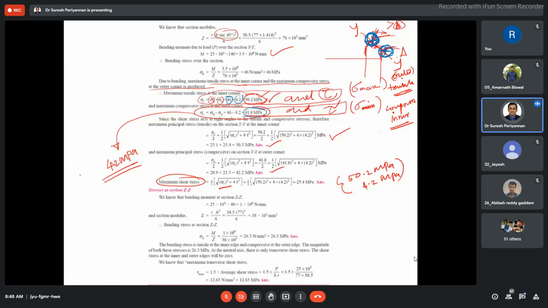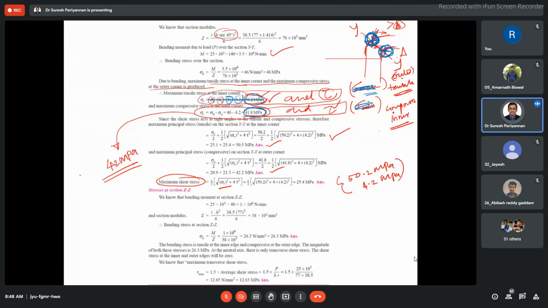Now, once we have found the outer region and the inner region, there are two stress components. Here I slightly confused myself, please avoid that. This is not a sigma max. We would like to find the stress at this inner region with respect to principal stress theory, what we studied.